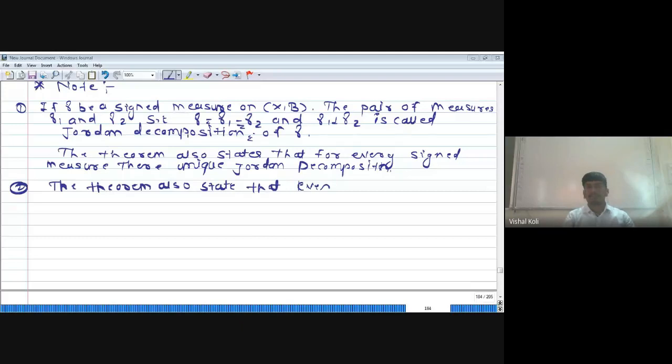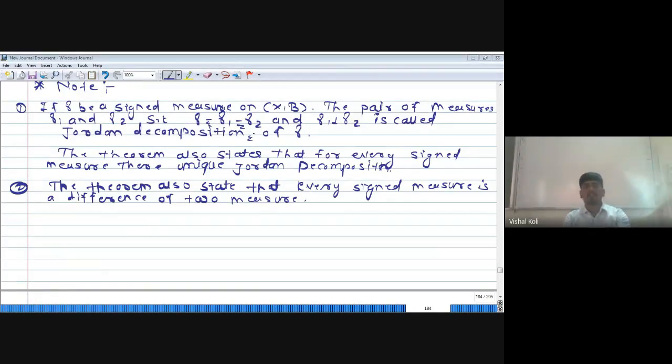Okay, this theorem also states that every signed measure is a difference of two measures. We will prove this.